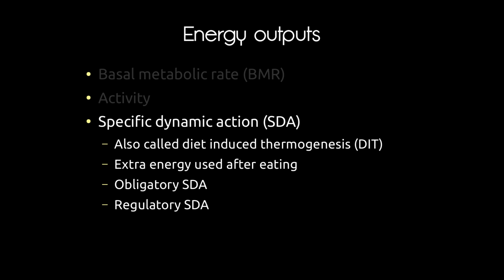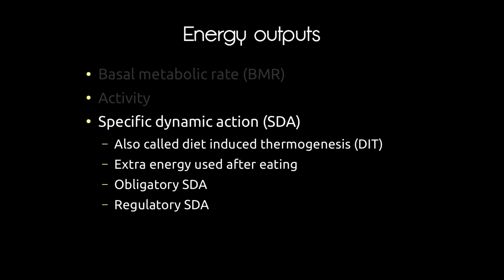Next up, we have this thing known as specific dynamic action, or the SDA, which can also sometimes be called diet-induced thermogenesis. This is the extra energy consumed above and beyond the basal metabolic rate after eating. This comes in two flavors. The obligatory SDA is the energy that has to be used after eating.